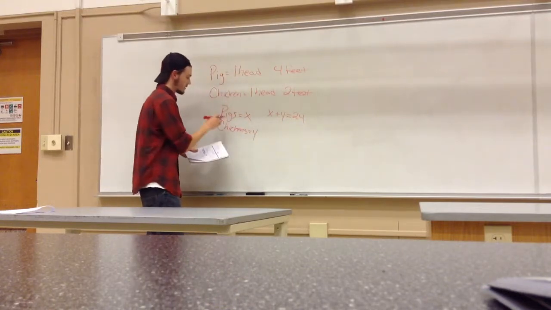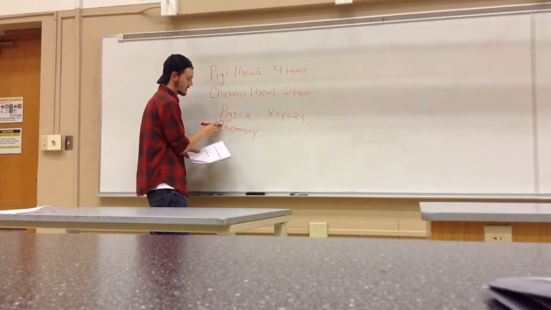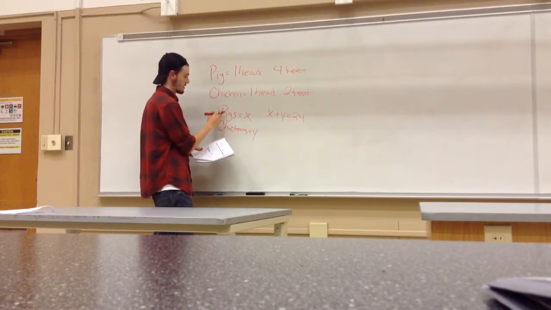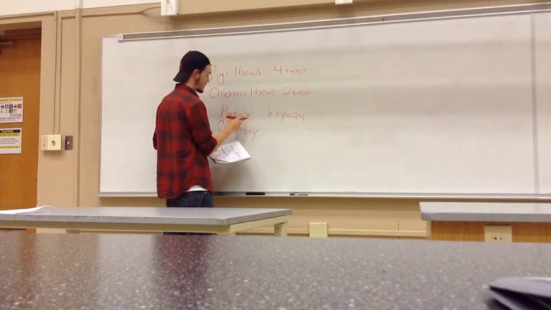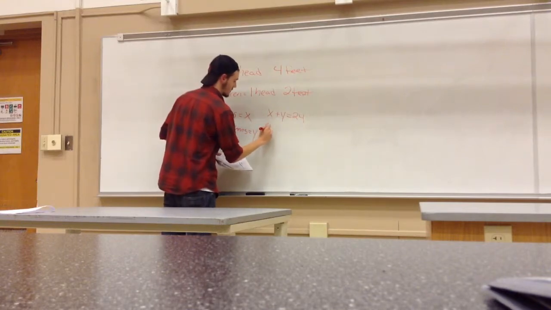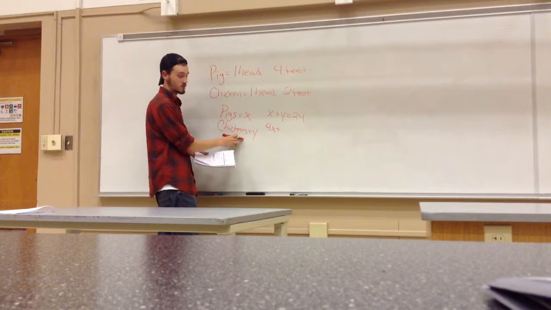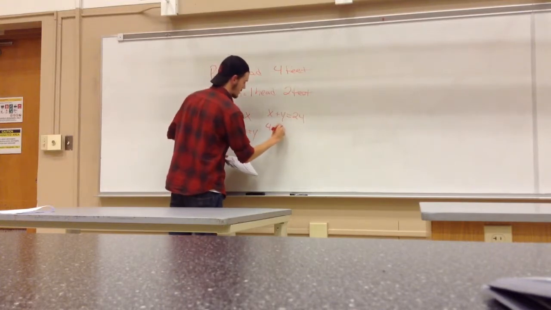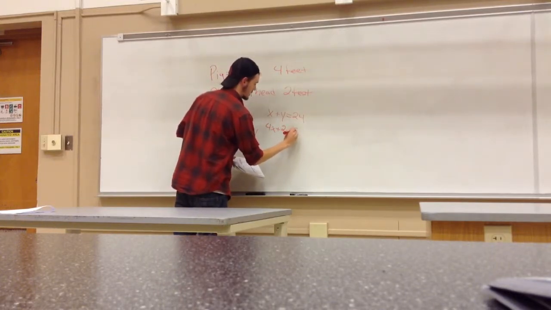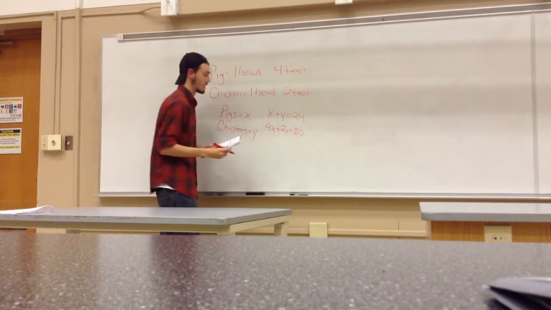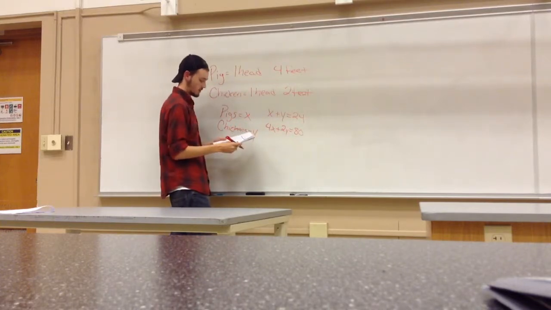And because we know the number of pig legs plus the number of chicken legs equals 80, each pig has 4 legs, so we can put 4X plus, and then each chicken has 2 legs, so we can put 2Y equals 80.